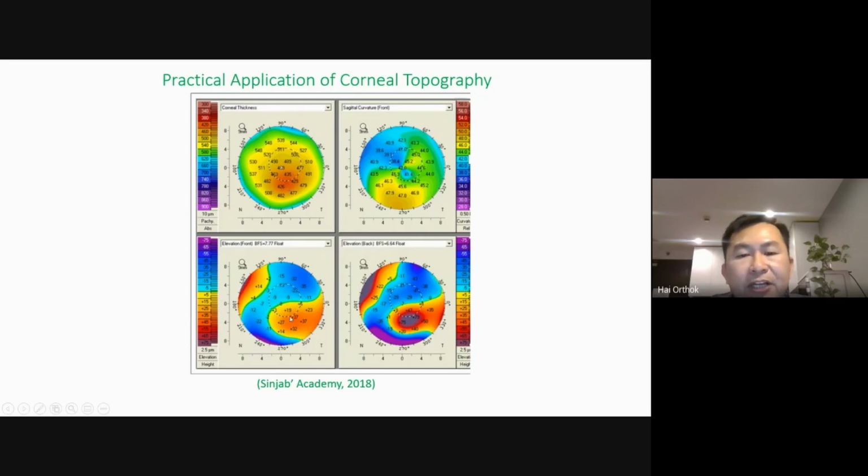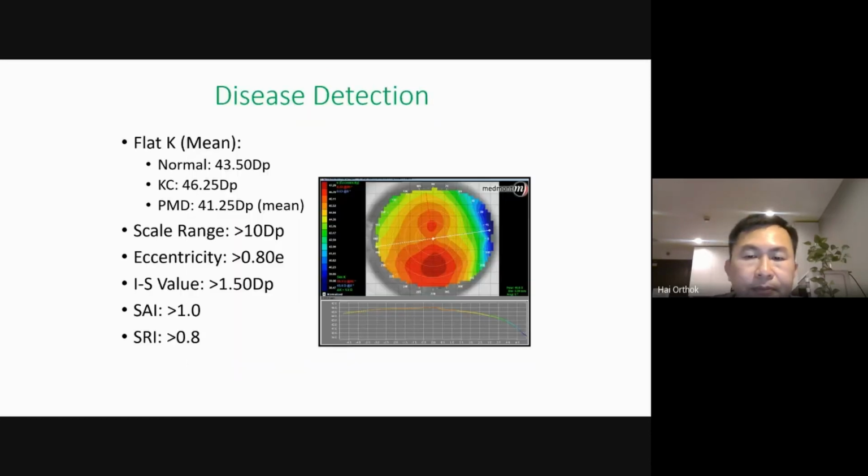You see the elevation map where it's higher on the front, and the back is also higher. So this is keratoconus, and you see the different contribution to the curvature of the entire cornea. This is very much keratoconus, and you cannot use Ortho-K contact lenses or surgery, but you have to use the scleral lens for this patient.